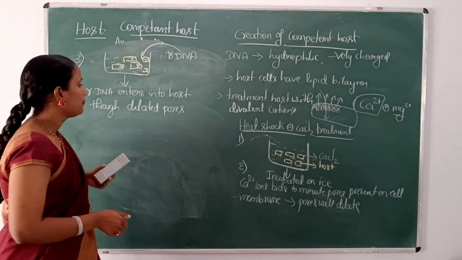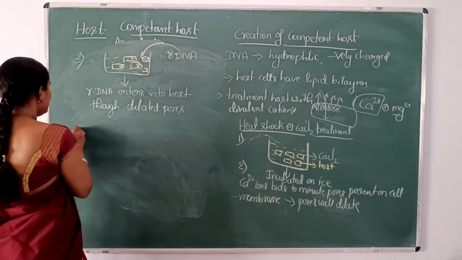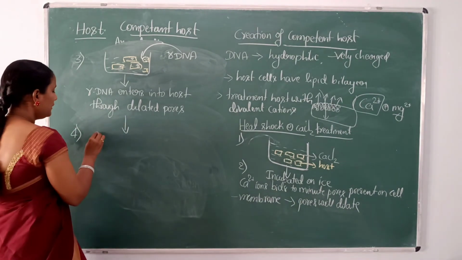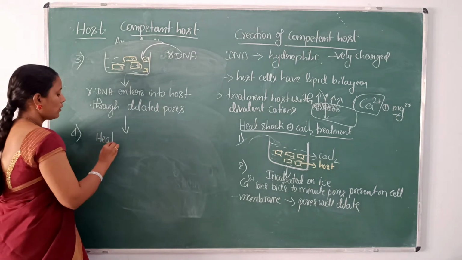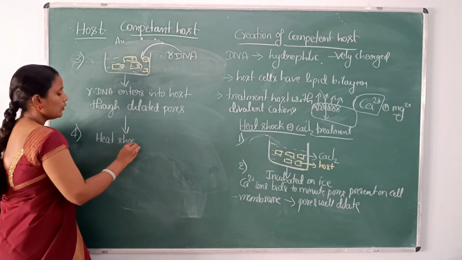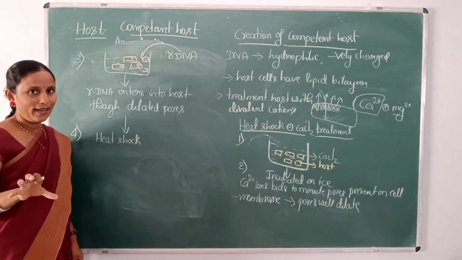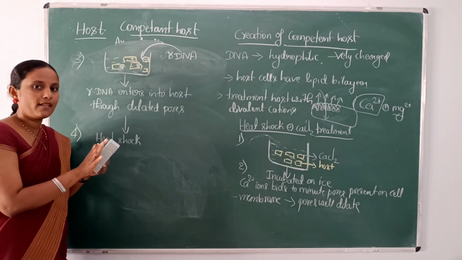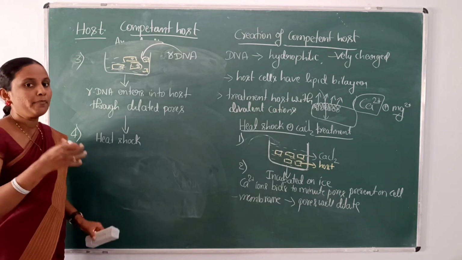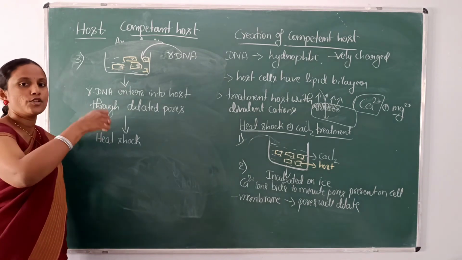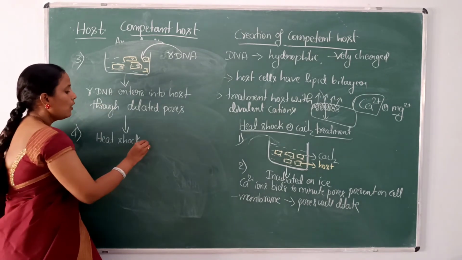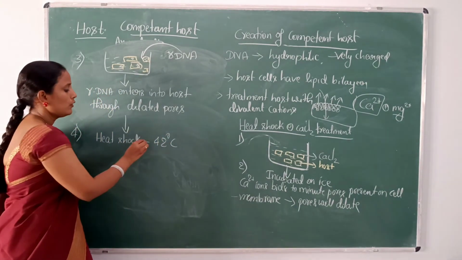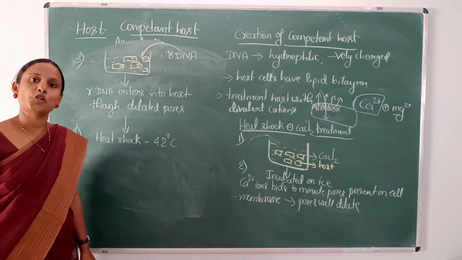So for that, in the next step, this solution will be given a heat shock. It is placed under ice, right? And suddenly the solution will be brought to a temperature of 42 degrees Celsius. This is called heat shock.